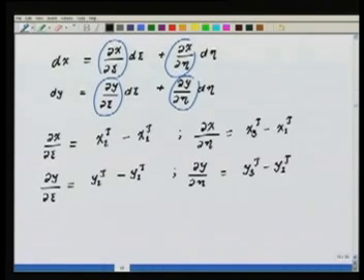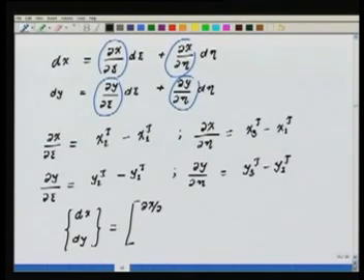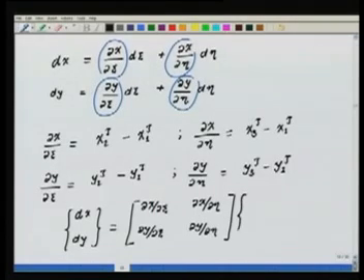So let us now rearrange whatever we have written in a matrix form. I can write it as dx dy is equal to the matrix del x del psi, del x del eta, del y del psi, del y del eta, times d psi d eta.